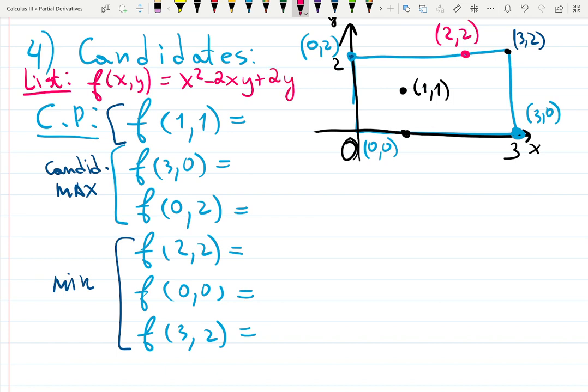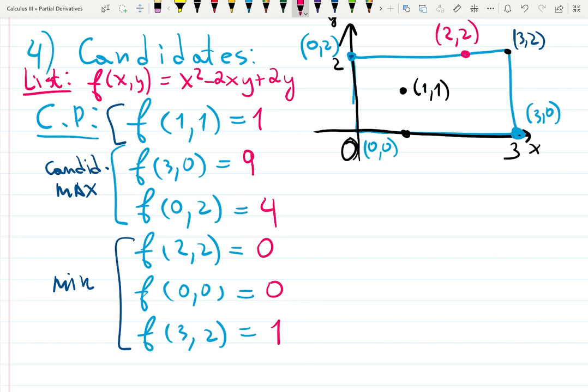Plug it in, and now you do just like in Calculus 1, choose the winner. So f of (1, 1) is 1, (3, 0) gives me 9, (0, 2) gives me 4, (2, 2) gives me 0, (0, 0) gives me 0, and (3, 2) is 1.